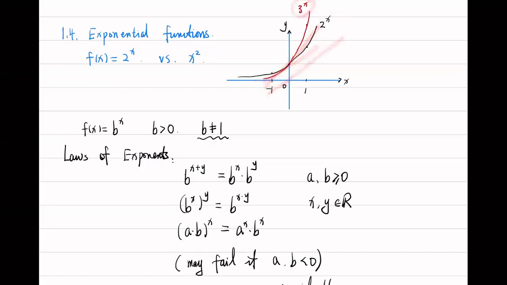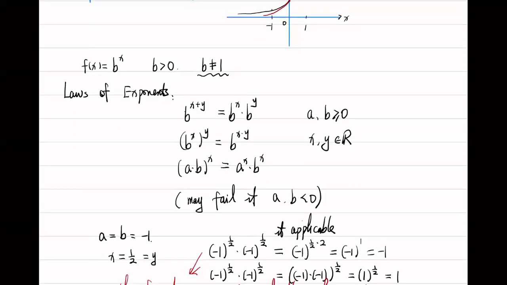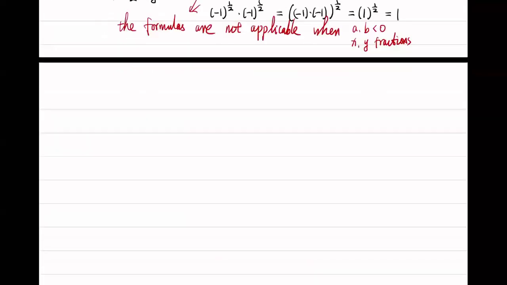You can see for 2 to the x, the slope is less than 1. 3 to the x, slope is bigger than 1. So there is something in between where the slope is exactly 1.